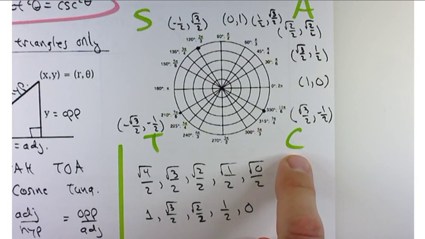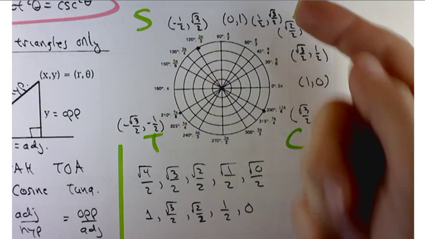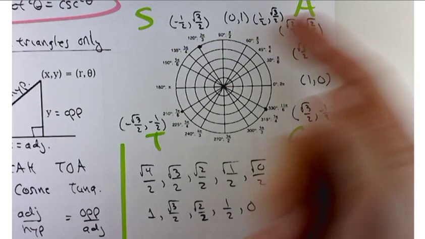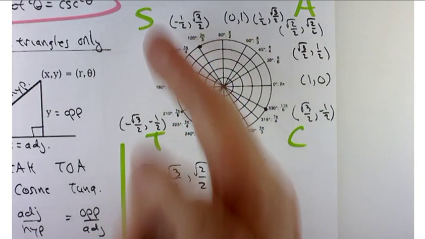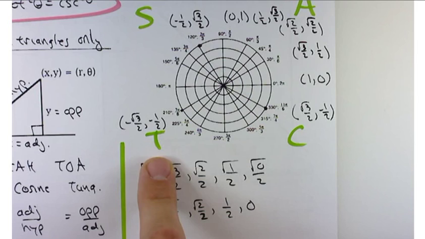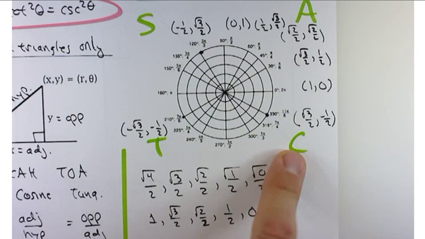Yay. All right, yeah. All students take calculus. So all your functions are positive here. Sine and its reciprocal are positive here. Tangent and its reciprocal, so tangent and cotangent, and cosine and secant are positive there. So just something to keep in mind about your trig functions. Now let's actually find some exact trig values.